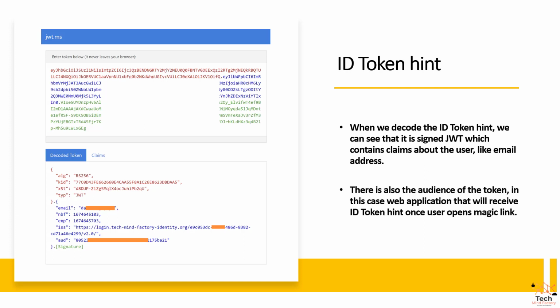The audience of the token is very important. In this case, it is the web application that will receive the ID token hint once the user opens the magic link. In the magic link, we have to set the audience. So who is the receiver of this ID token hint? Who should receive this ID token hint to exchange it for the ID token?